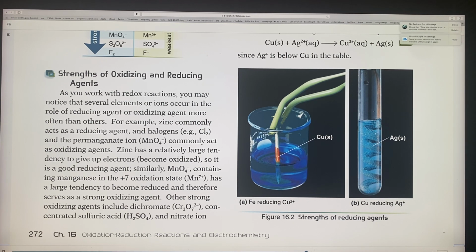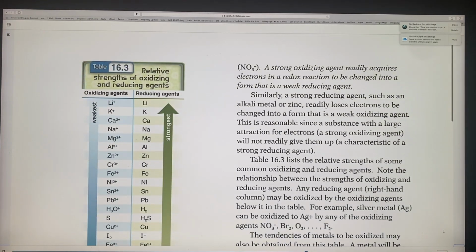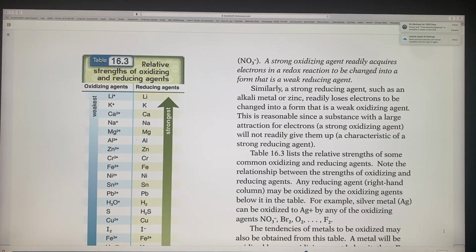All of these are very strong agents to use if you want to do an experiment with them, that's for sure. So a strong oxidating agent readily acquires electrons in a redox reaction to be changed into a form that is a weak reducing agent.